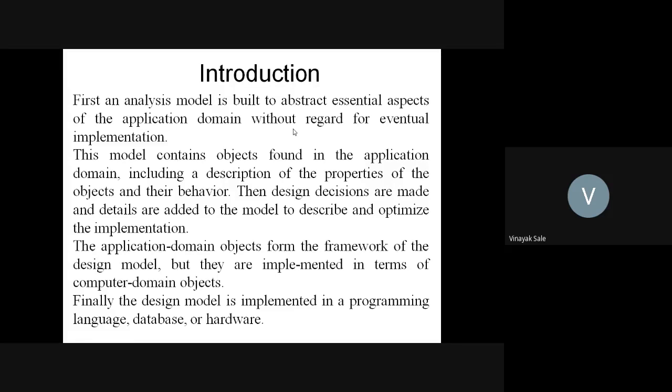Then design decisions are made and details are added to the model to optimize the implementation. The application domain objects form the framework of the design model, but they are implemented in terms of computer domain objects. Finally, the design model is implemented in a programming language, database, or hardware.